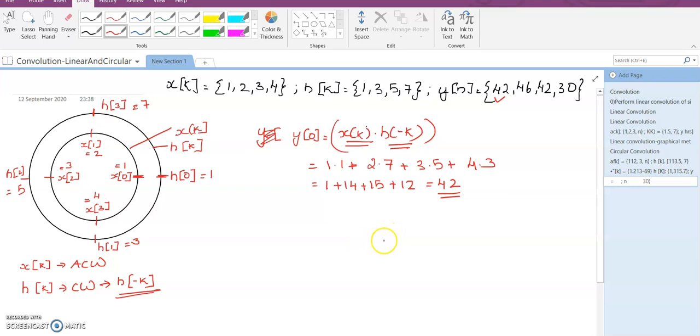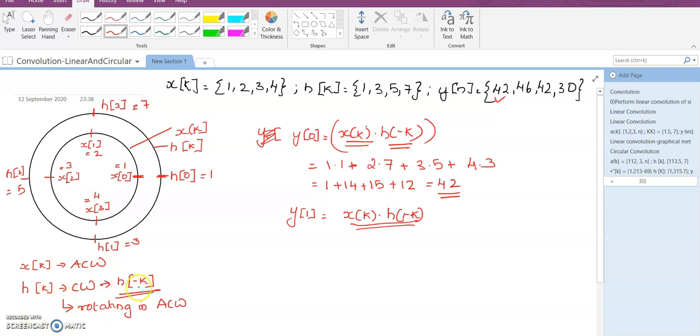Now to calculate y of 1, this signal must be shifted by one position. So typically it will be written as x of k is operated with h of 1 minus k. What it basically means is that it has to operate with the shifted version of h of minus k. To shift it one step, we'll be rotating this in the anti-clockwise manner.